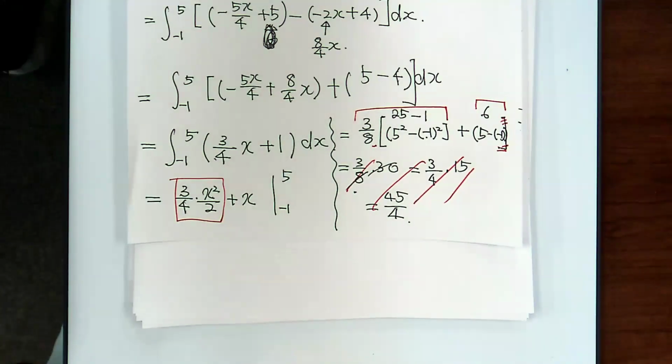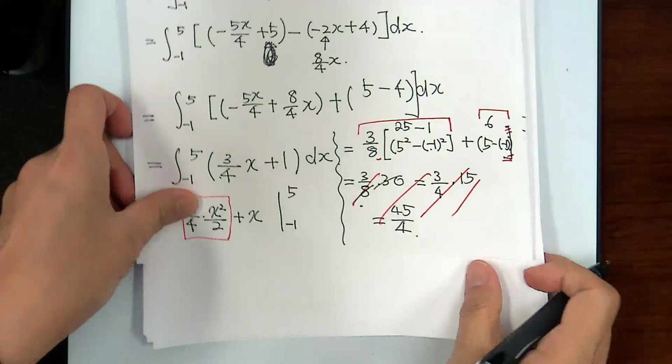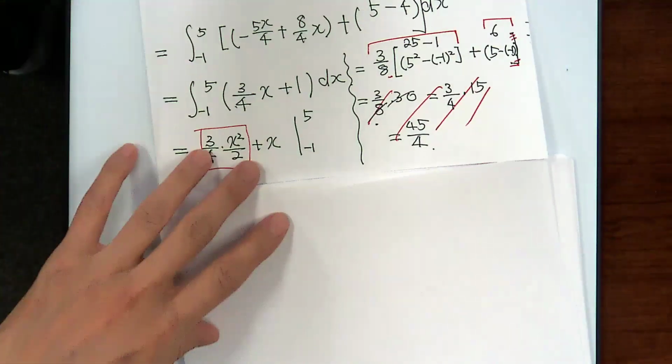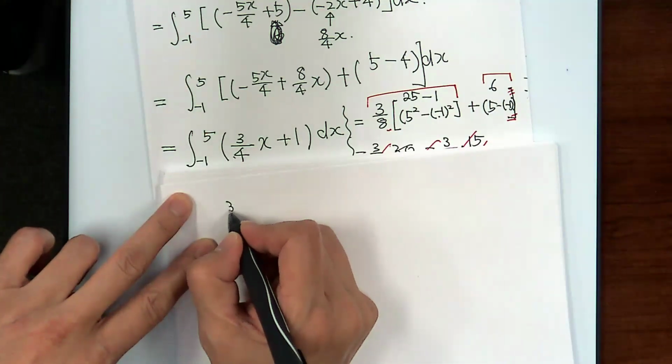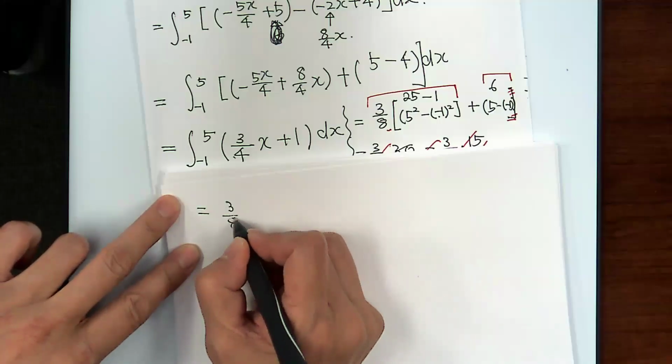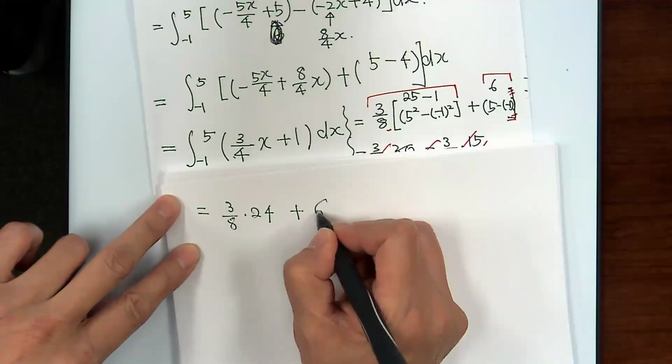So let me fix it. That is 3 over 8 times 24 plus 6.